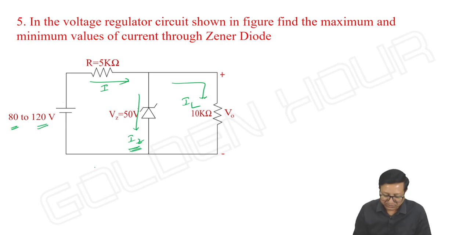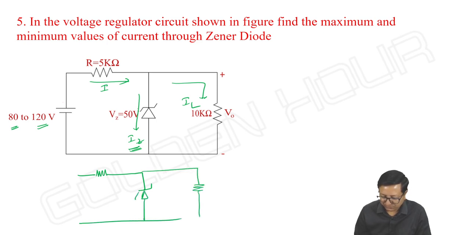Simple. So the first case I can take like this. 80 V, 5K, 50 volts, 10K.